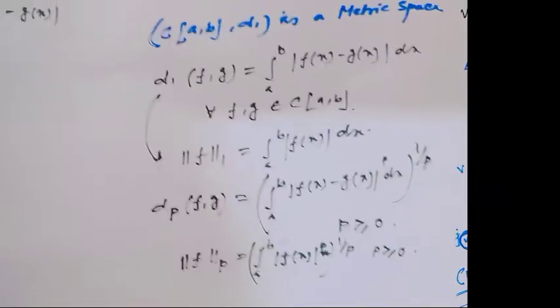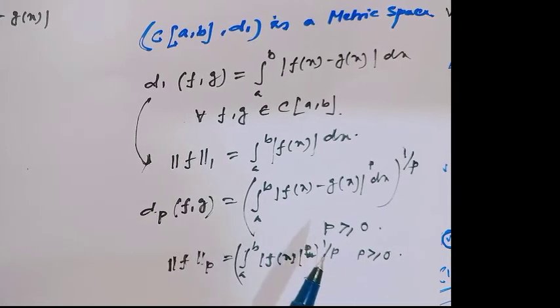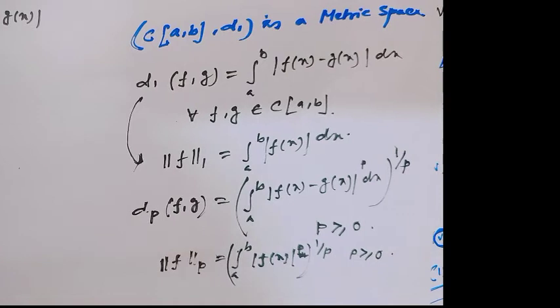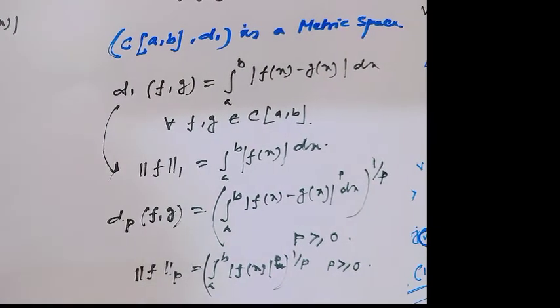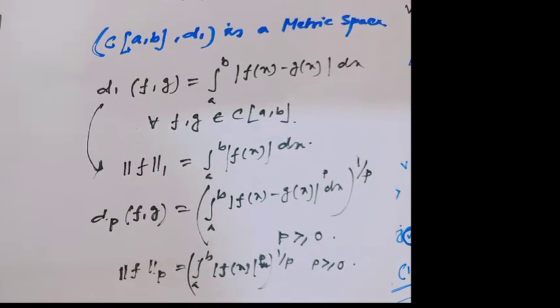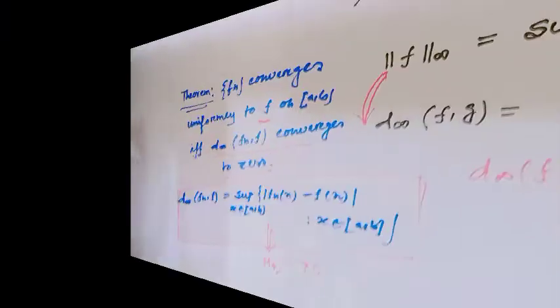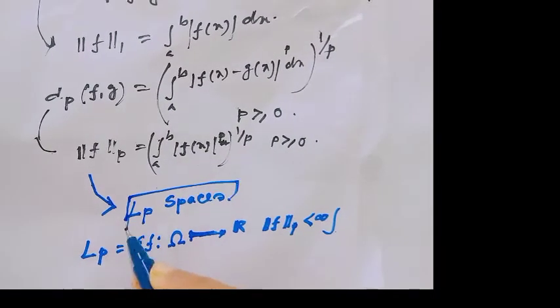This proof is similar to the d infinity metric space. Try to answer it; this proof is obviously very important but similar to the infinity metric, so I leave it for my viewers also. This space is actually called the capital Lp space.